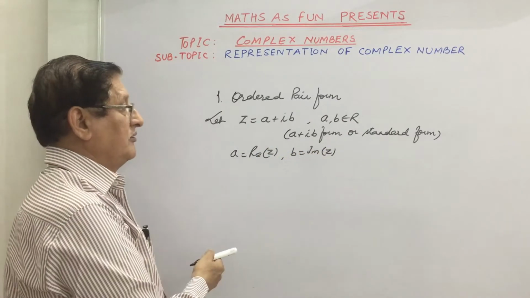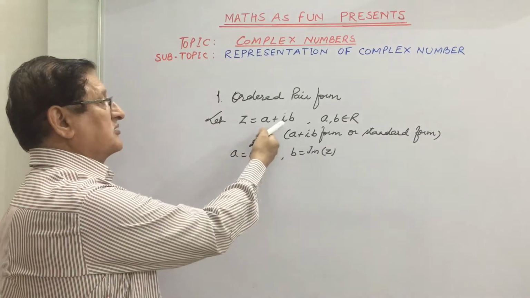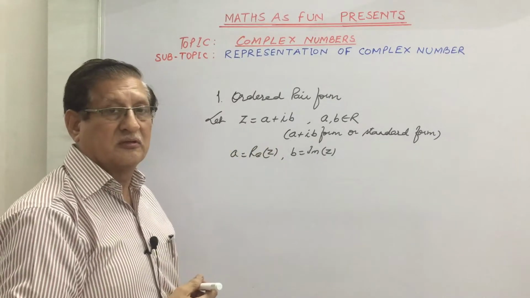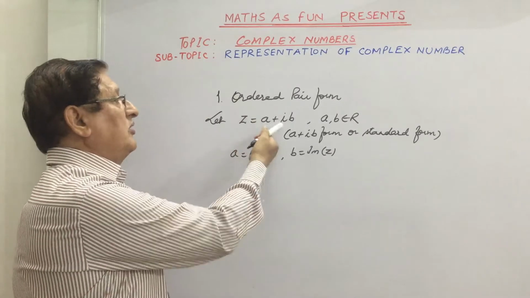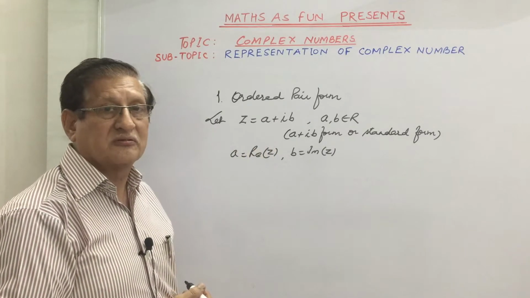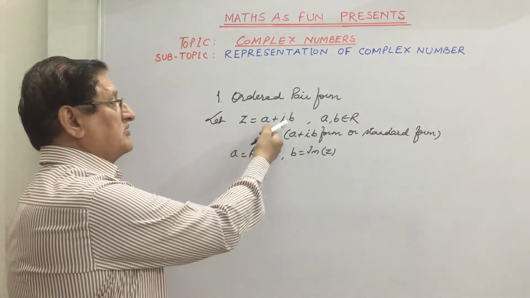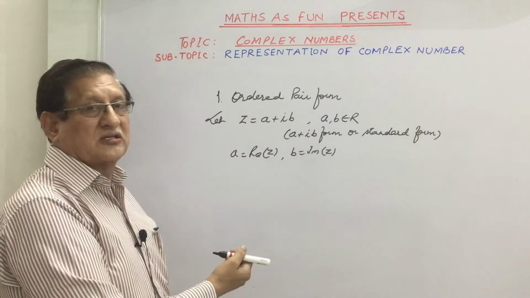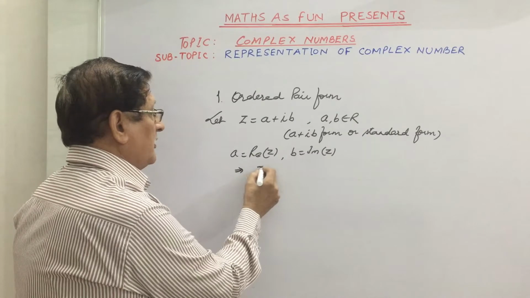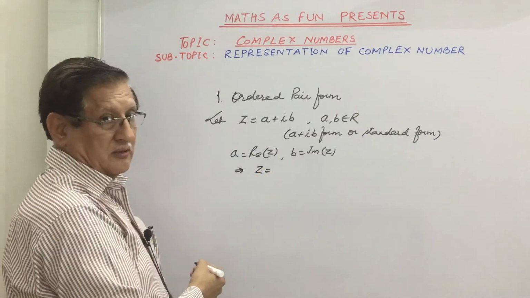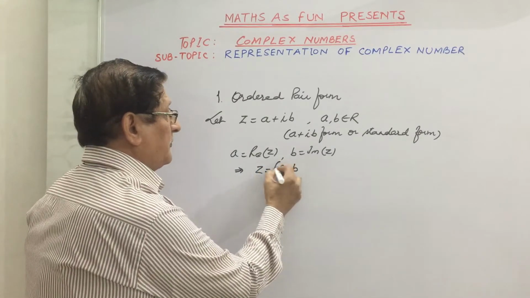We know that the real and imaginary parts in this position cannot be changed, because if we change, then the value of the complex number will change. It means their places are fixed. In such case, we can represent a complex number Z in the form of ordered pair also.